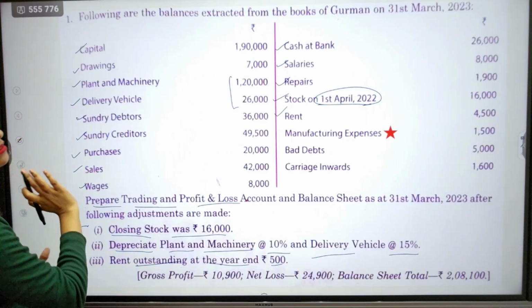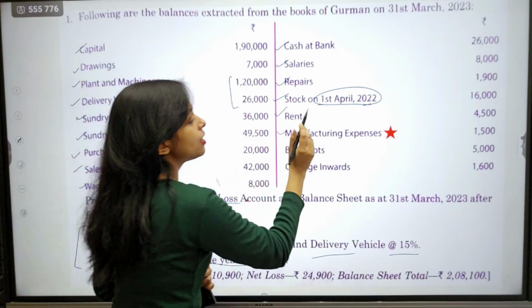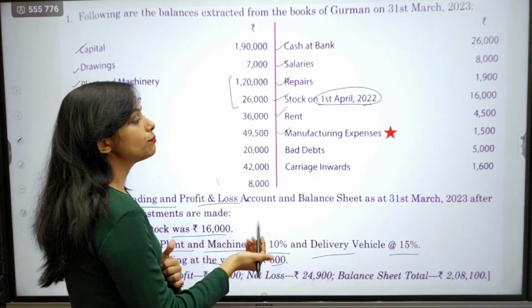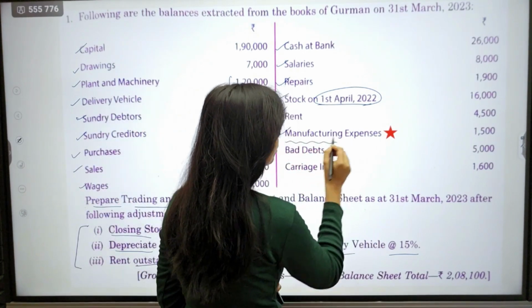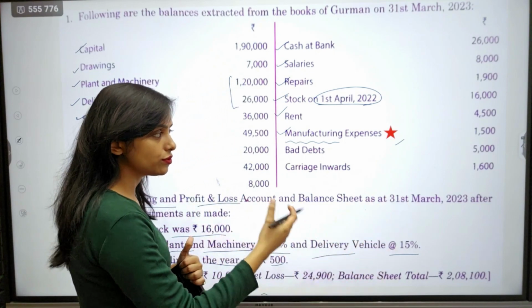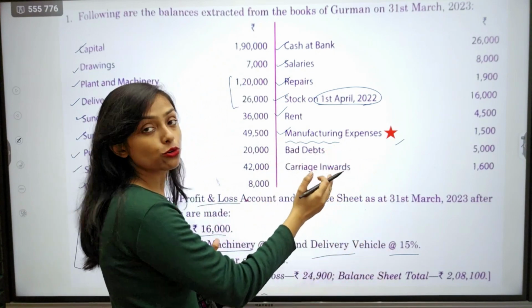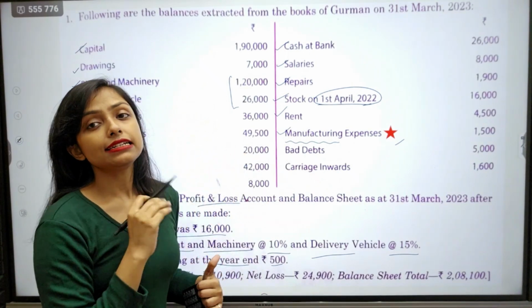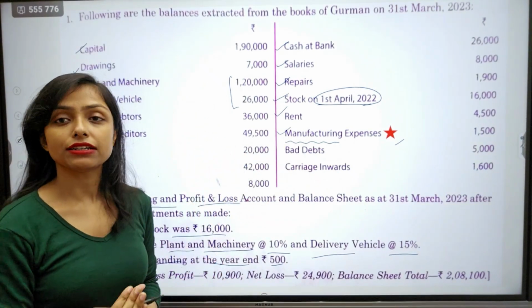Okay. Then we have this we have written. Manufacturing expenses. Now in the trading account we are going to put this. Why? Because this has the word manufacturing in it. This is something that you might have seen for the first time. That is why I have put a star mark over here. So manufacturing expenses means it is directly affecting my production.